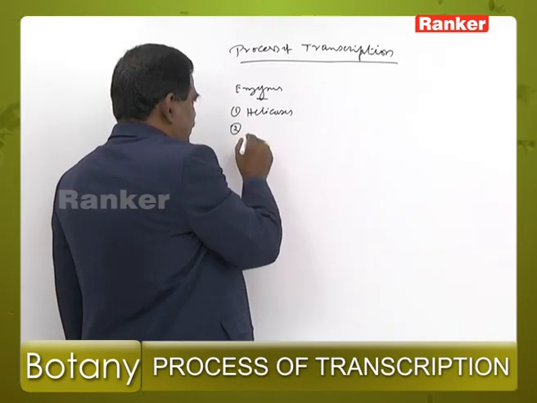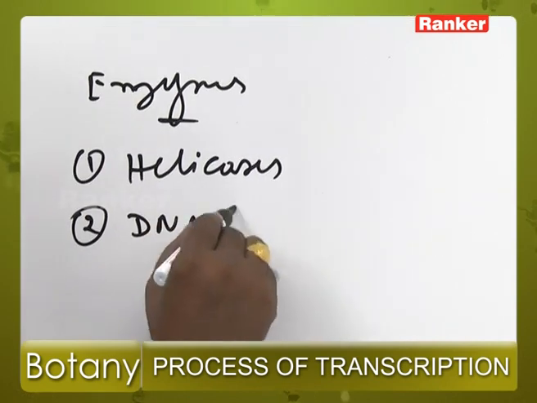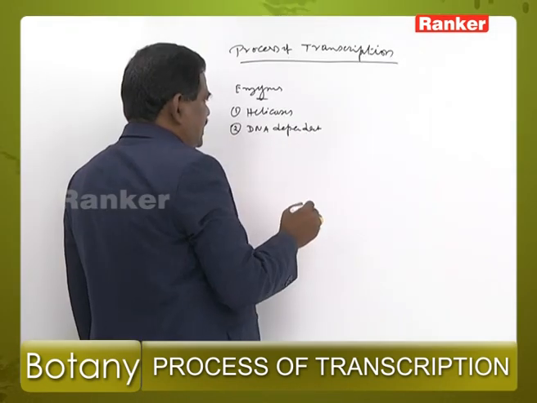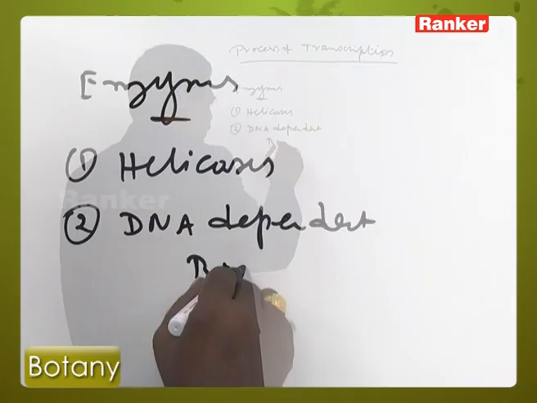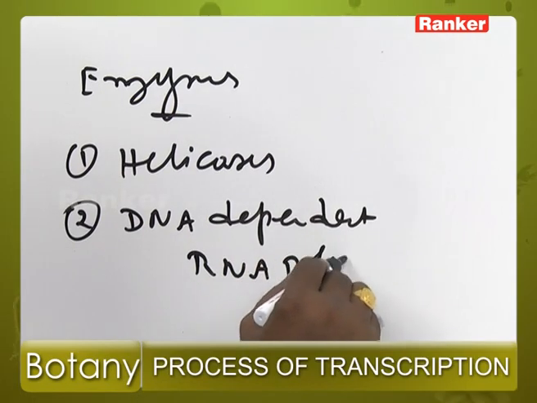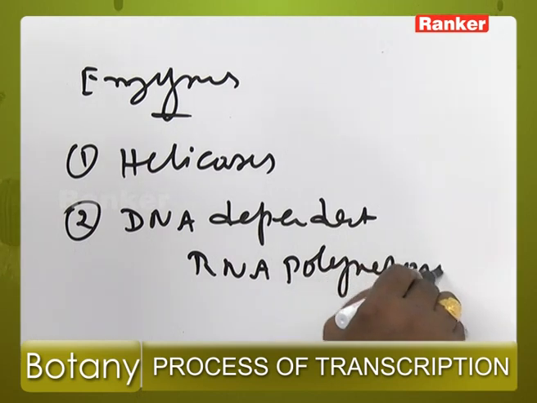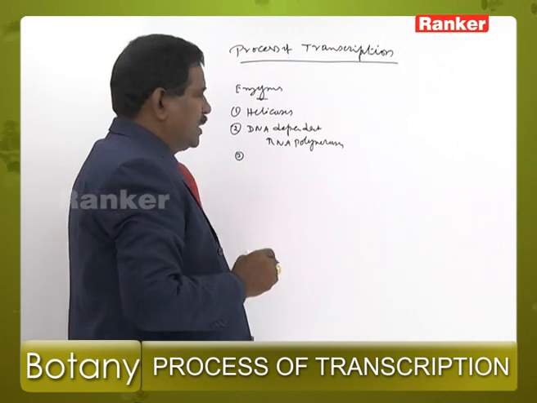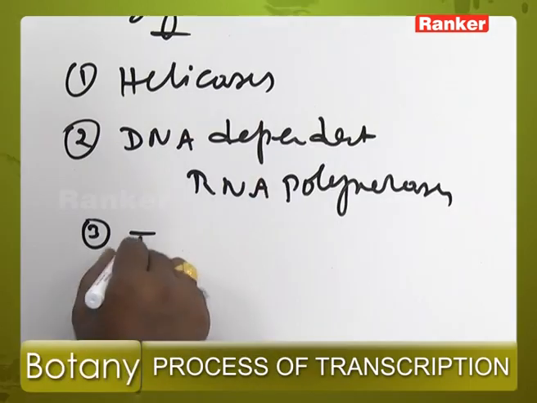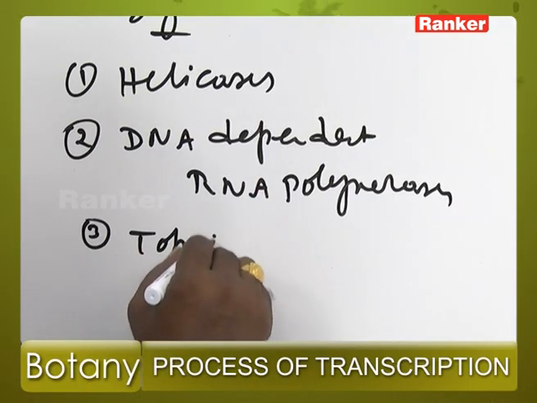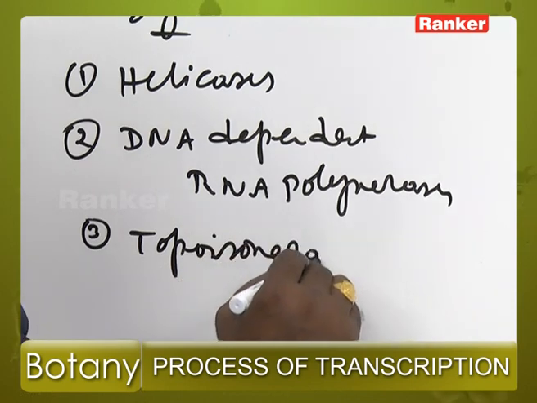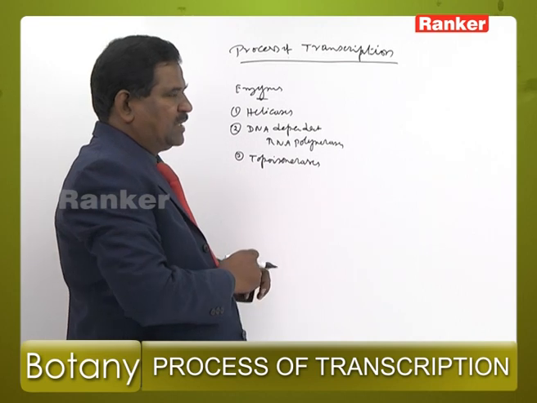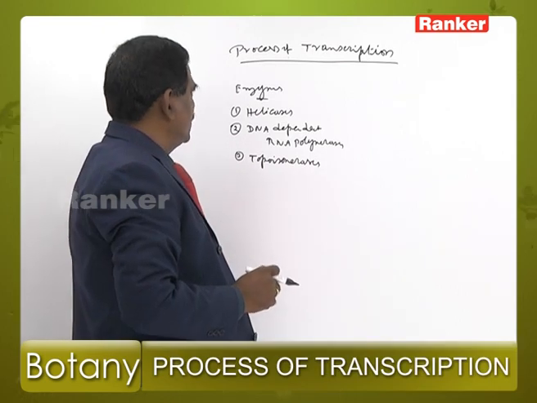The main enzyme is DNA dependent RNA polymerase. Topoisomerases are also required.